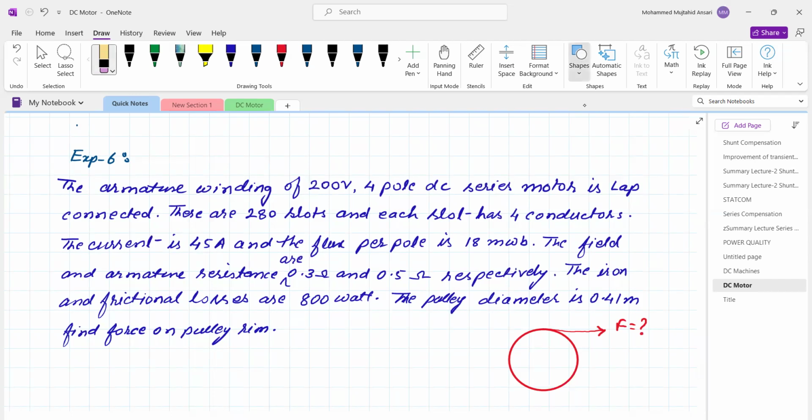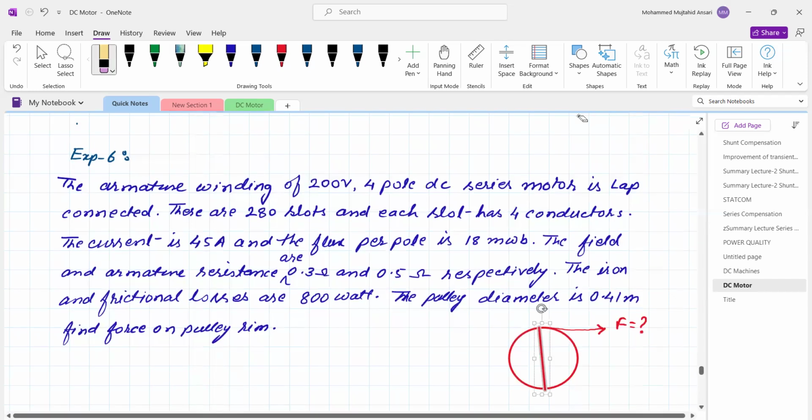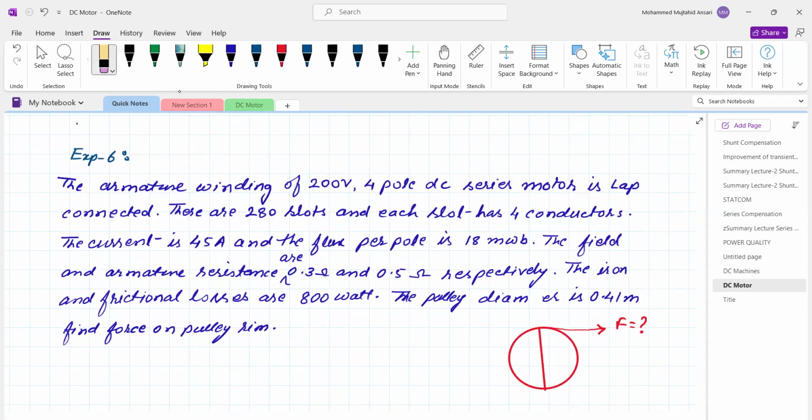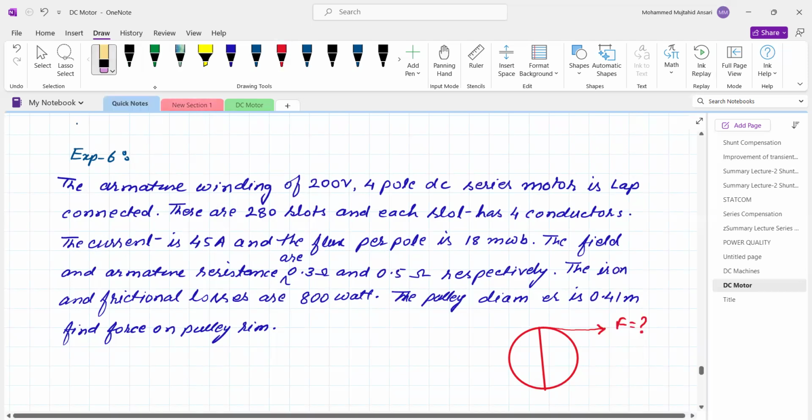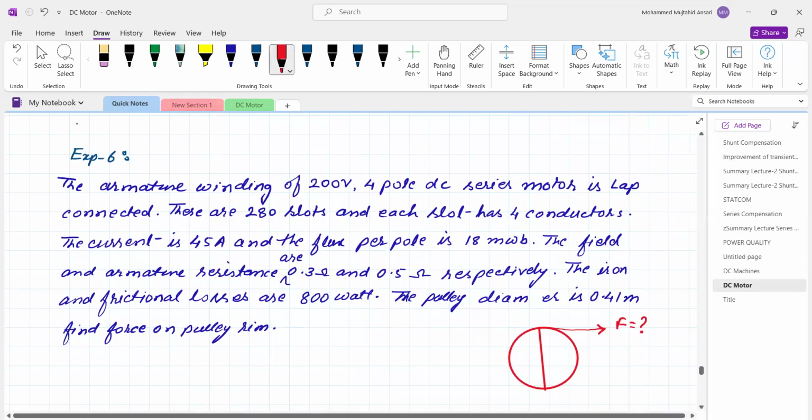So what is the diameter of the pulley? Okay. So what is given?